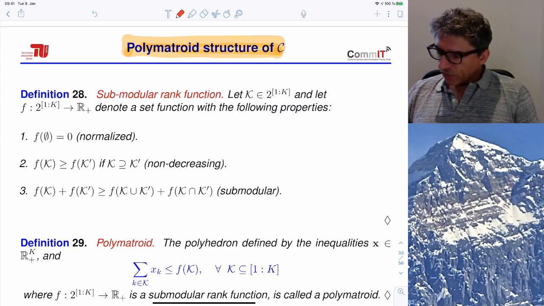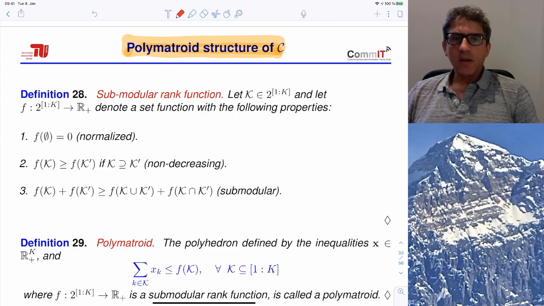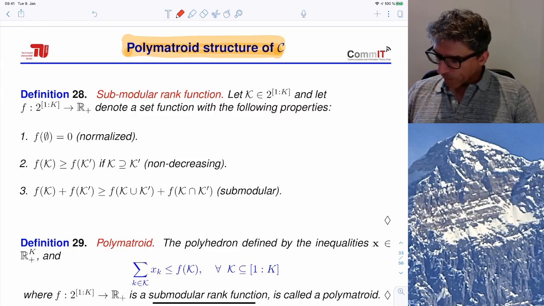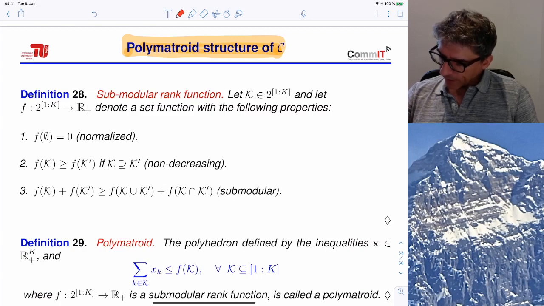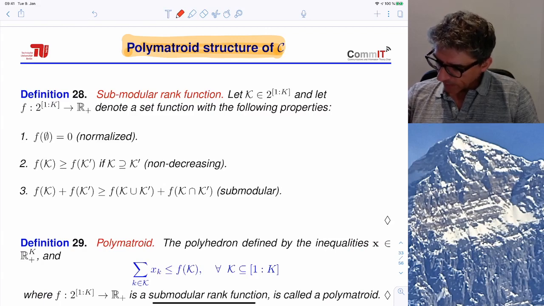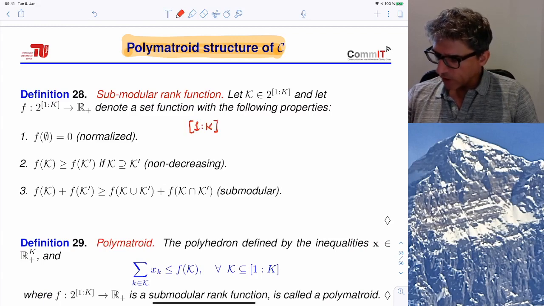We define what is called a submodular rank function. What is a submodular rank function? Suppose that we have a set function, given a set from 1 to k, so these are all the integers 1, 2, 3, 4 up to k.